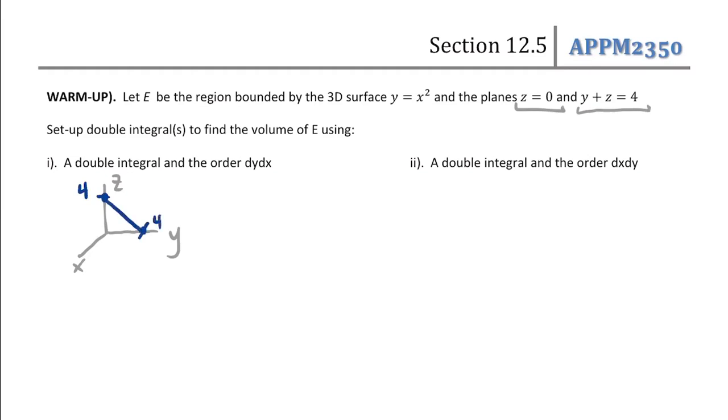Now this plane continues on for all different values of z and y. I'm trying to show the dimensions there. But right now, let's not worry about that piece as much, because we know that's the top part bounding this.